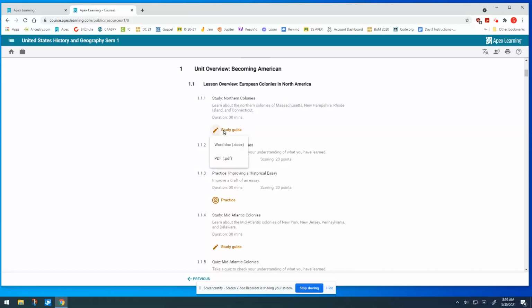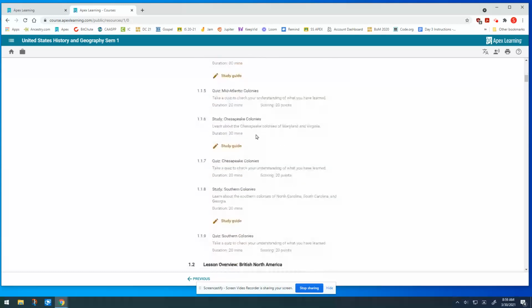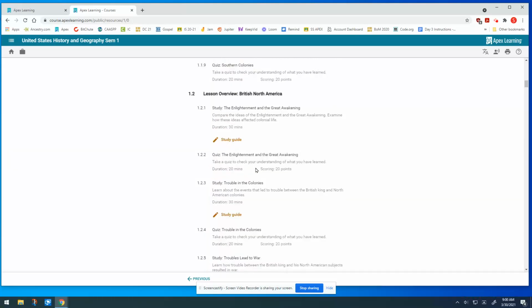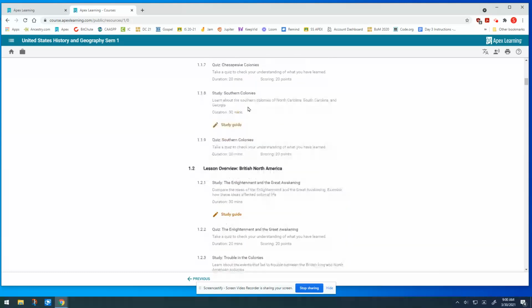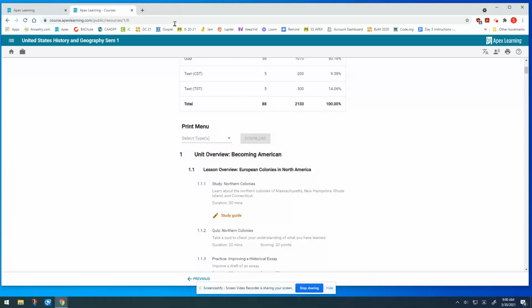Here, if you click on it, you can have the chance to download that particular document and have a hard copy of it. But here, if you look down, this gives you all of the activities in Lesson 1. Then you will go to Lesson 2, or it would be Chapter 2 if you were in a book. And you would continue through this course online as though it were in a textbook.